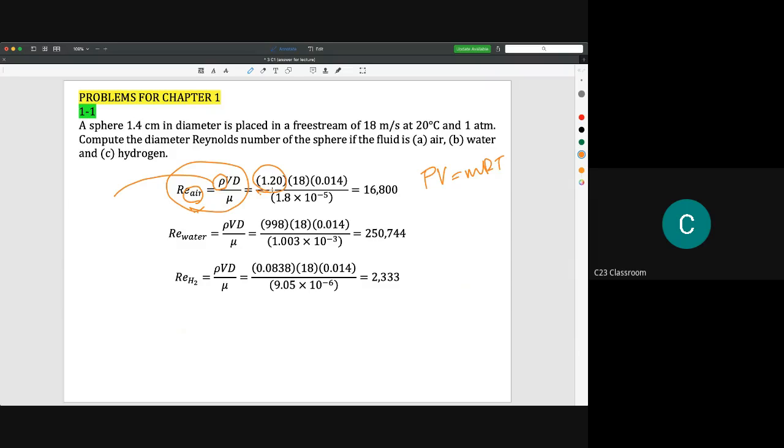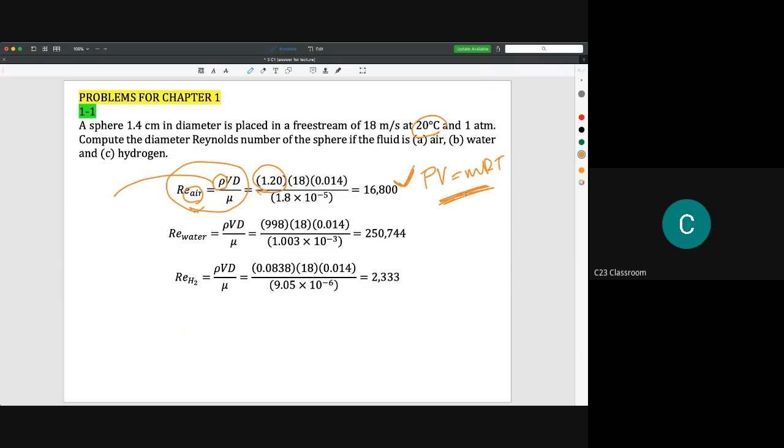Then you need to calculate by using the ideal gas law what is the density at 20 degrees Celsius, because in the textbook table they give you the density for air at 0 degrees Celsius. That means 0 degrees Celsius cannot be substituted in this equation because in this situation we are using 20 degrees Celsius. That is where you need to use PV = mRT and another equation.